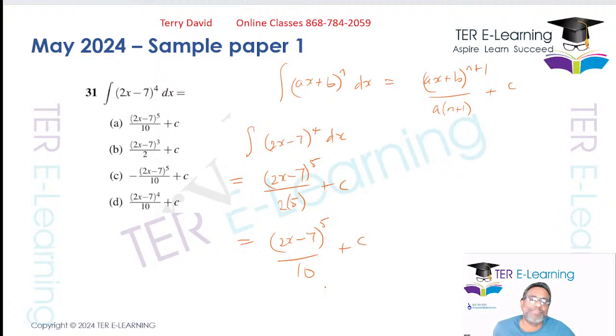So which one is that? It's going to be E. Right, so that's question 31.